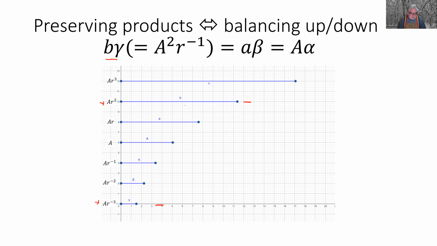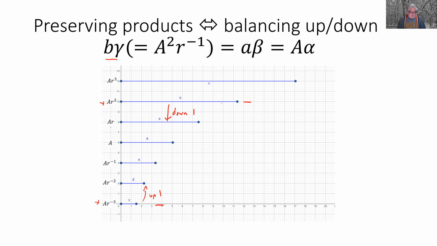Because imagine we go down 1 from B, so we're decreasing the power in R by 1, but we go up from gamma by 1, so changing the power again by 1, right? So we haven't changed the power of the product at all. A times R to the minus 2 times A times R, which is A beta. That's going to be the same thing as B gamma.